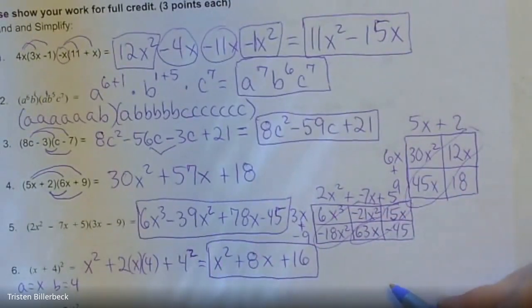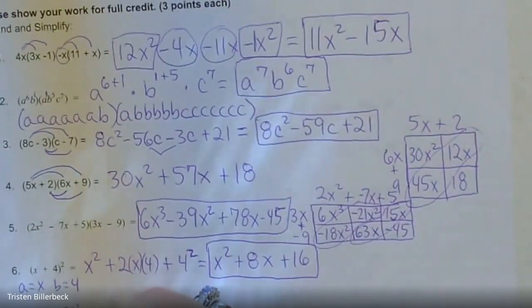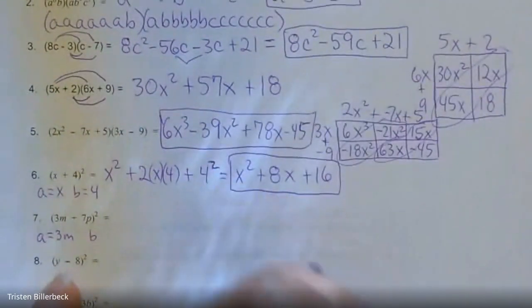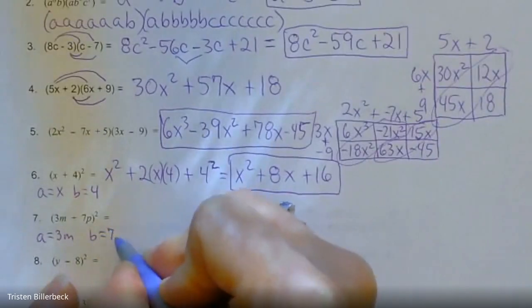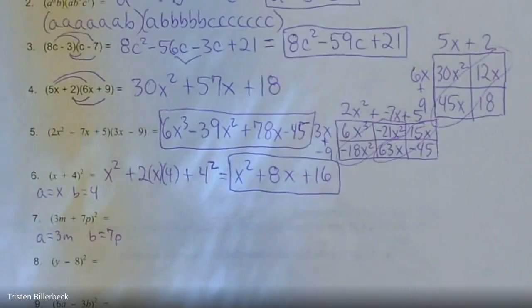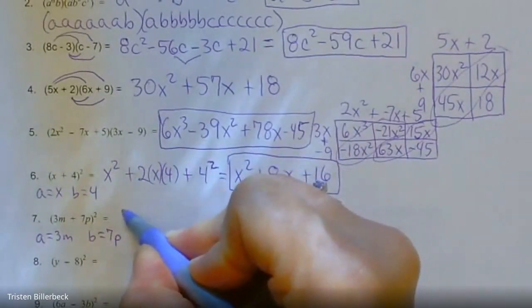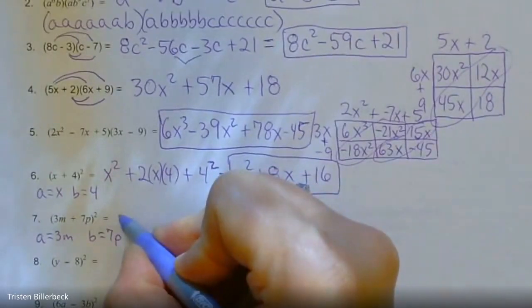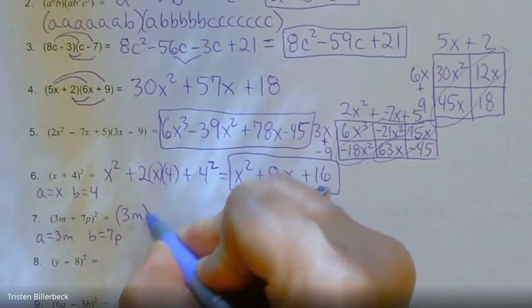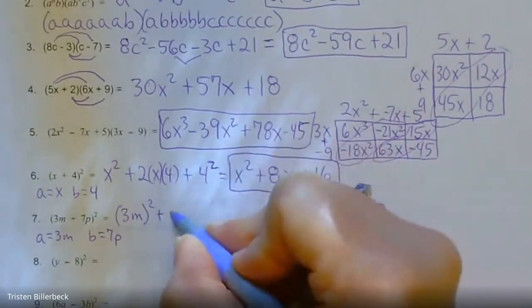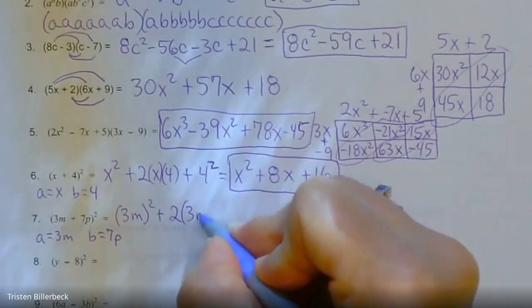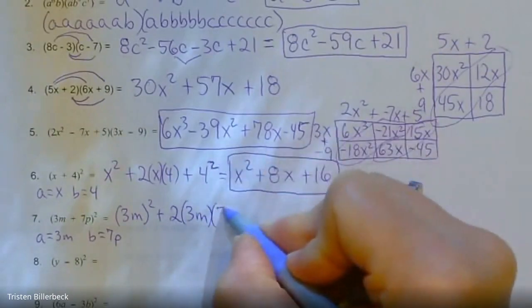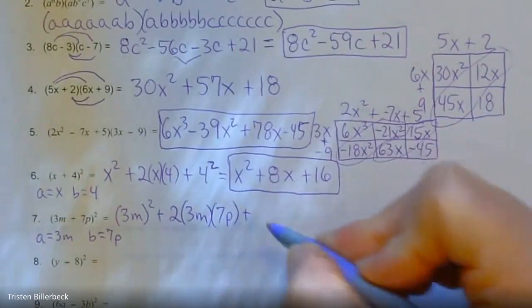Okay. We also have another perfect square trinomial. So this one, a equals 3m, b equals 7p. So we're going to have a squared, so we're looking at a squared, which is 3m squared, plus 2 times ab, so 3m times 7p, plus b squared.